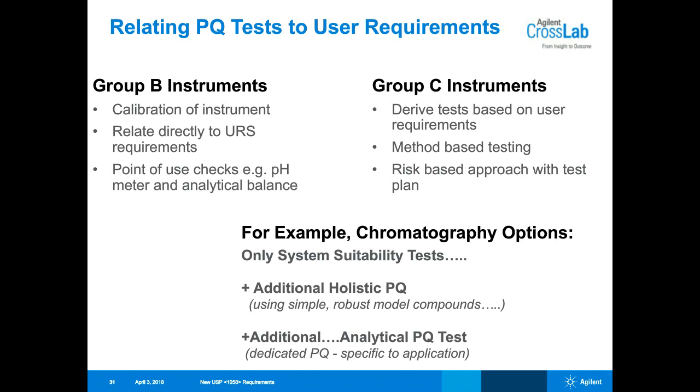You want to assure that the instrument is operating so that the data that you generate, you can trust the numbers. If you can't trust the numbers, what's the point of doing the analysis? But you have to choose the approach that you take to performance qualification.